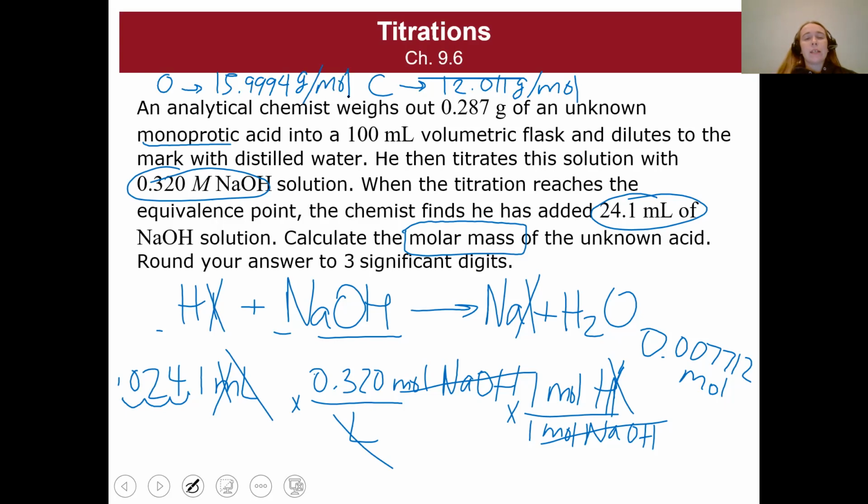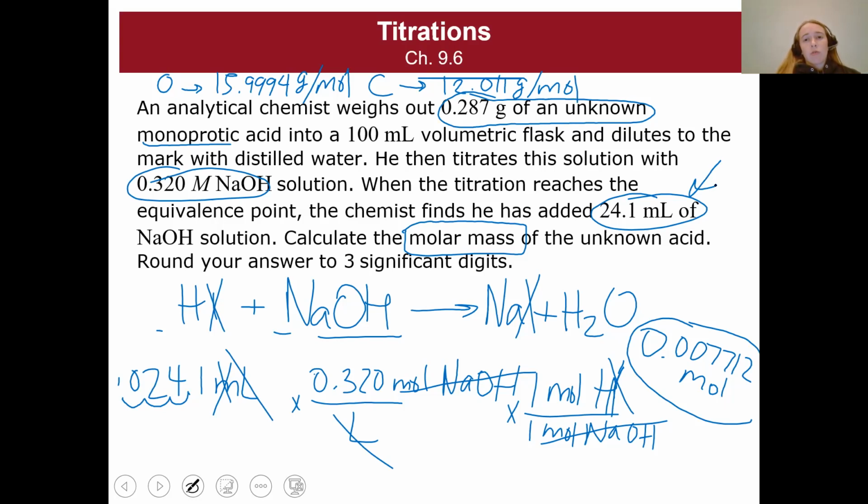They all have the same units. Those units are grams per mole. We have moles, and we actually also have grams. It's in the question. 0.287 grams of the unknown acid. So we have the moles that reacted with the sodium hydroxide, and we have the mass that reacted with the sodium hydroxide. So we put them together to get the molar mass.